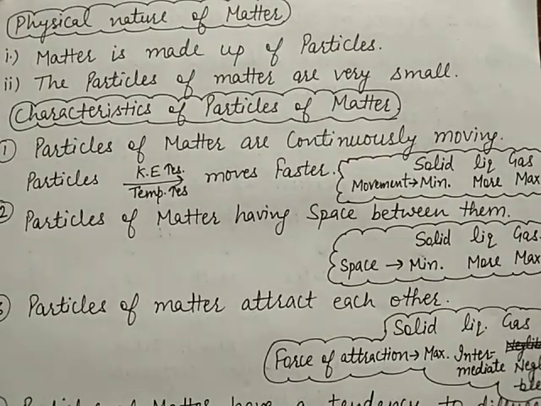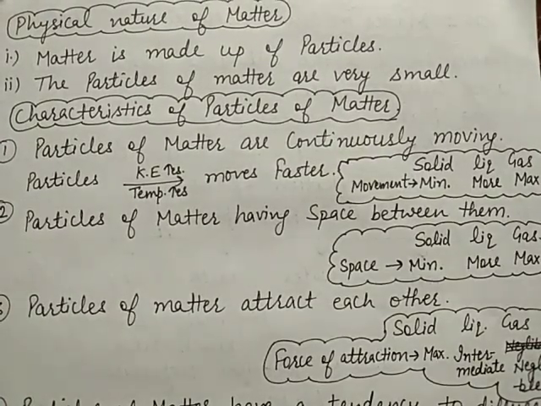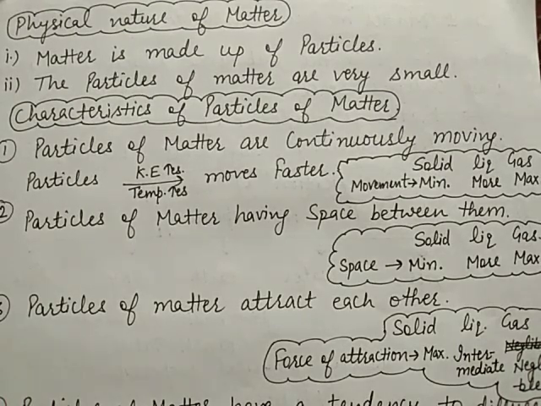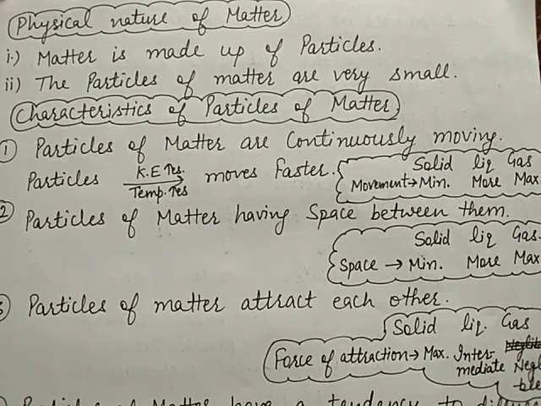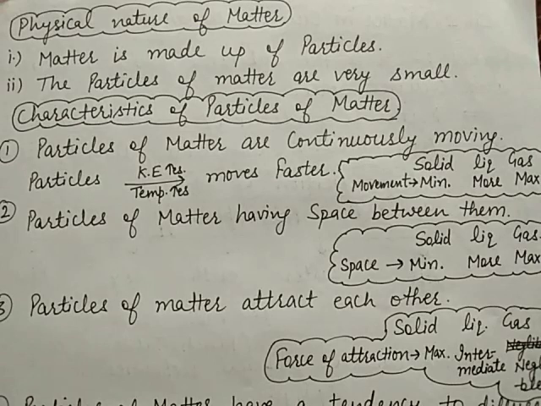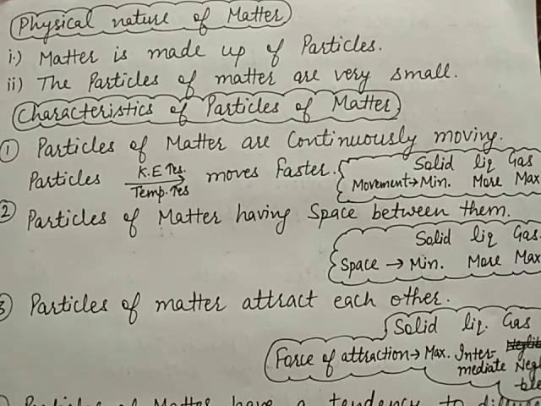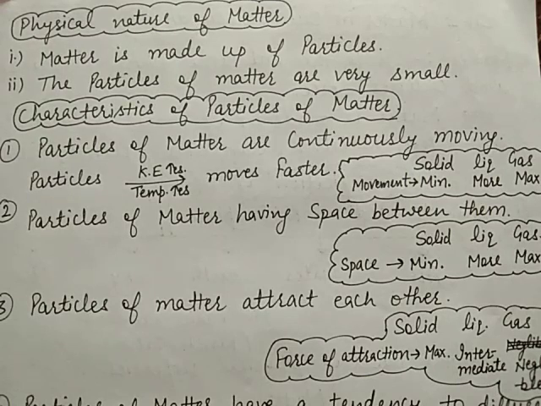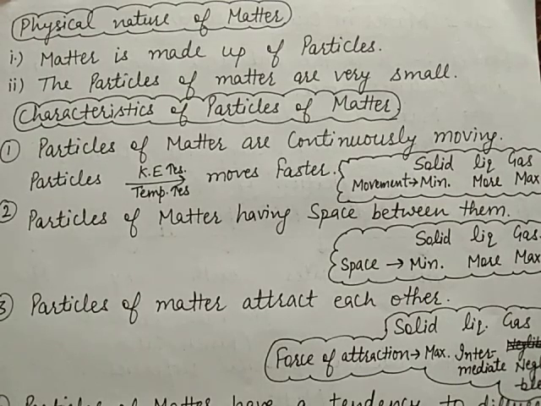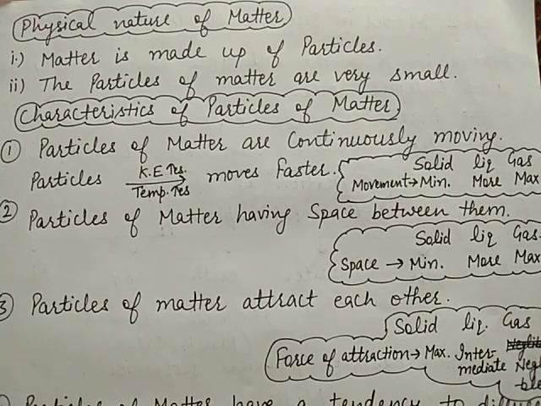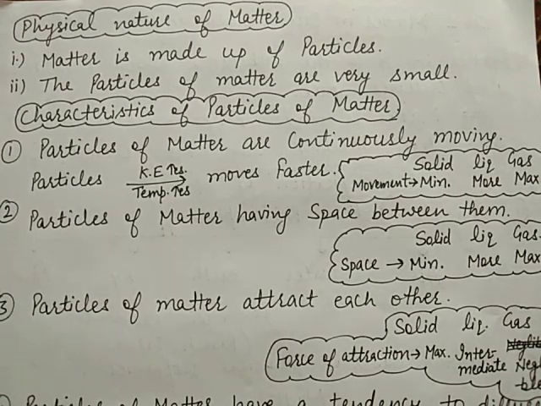Now first, matter is made up of particles. With the help of an activity, we will discuss. Take some water in a beaker and note its level. Dissolve some salt or sugar in it with the help of a glass rod.